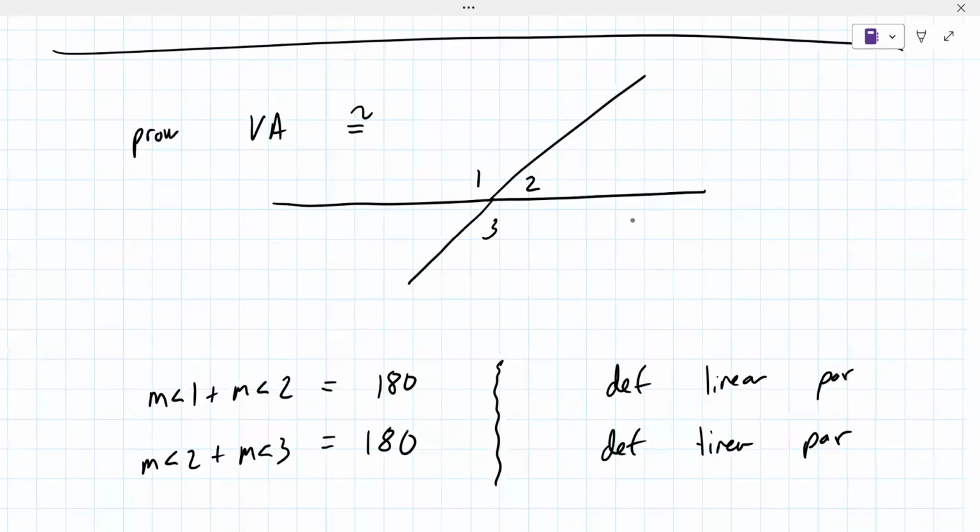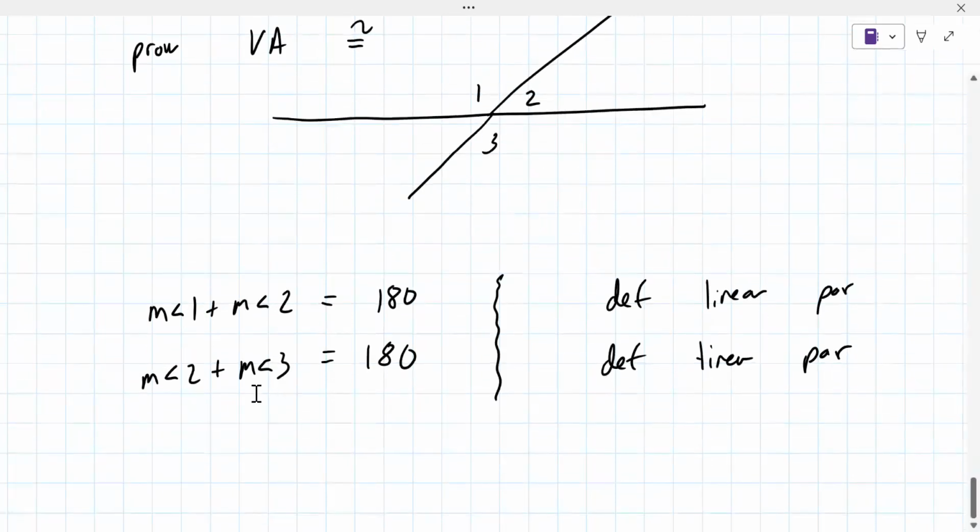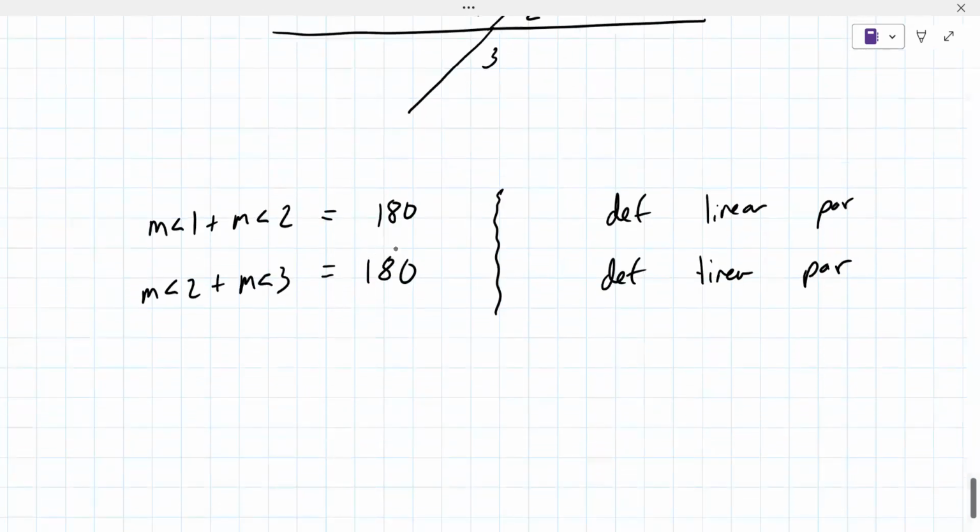Got it. And you can manipulate this so that you end up getting the measure of angle 1 must equal the measure of angle 3. I think I've seen this before in the notes, where they explain that these two angles equal this, these two angles equal this.